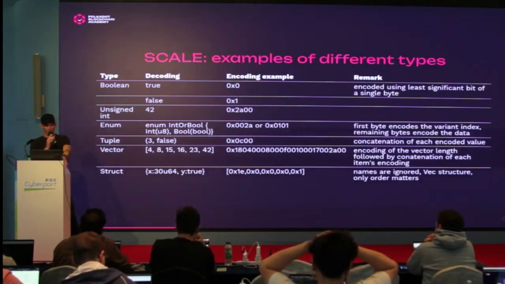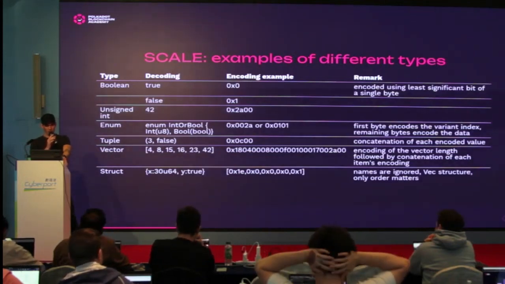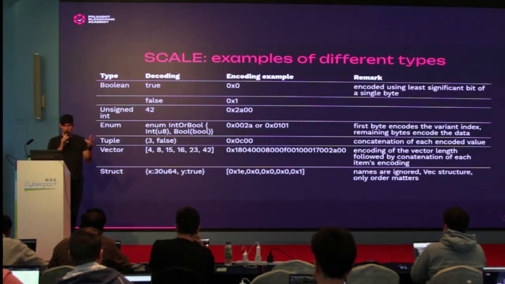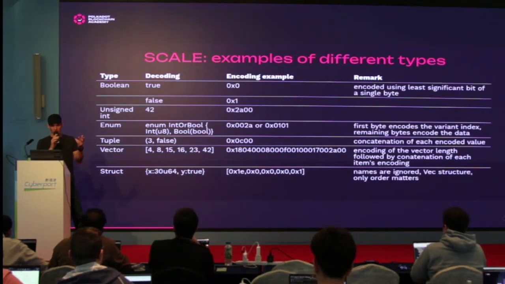And here you have nothing else to go by but the order. So you mean the order of the variables within the struct, right? If you switched, you wouldn't know how to decode. If you switched an integer with a Boolean, right, you wouldn't know whether it's 1 or it's false, for example.